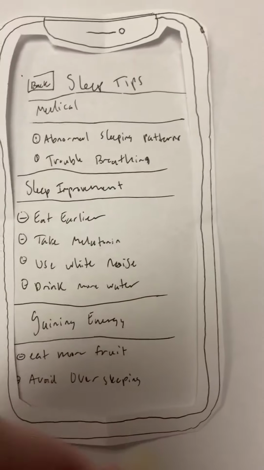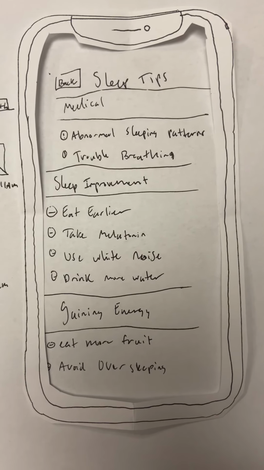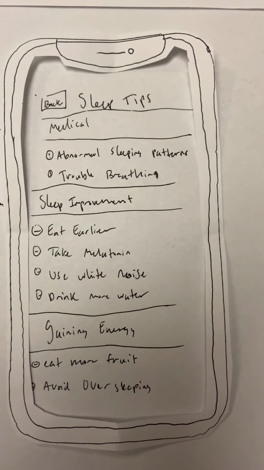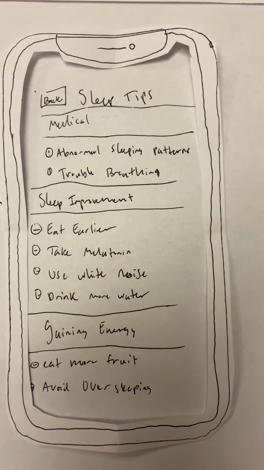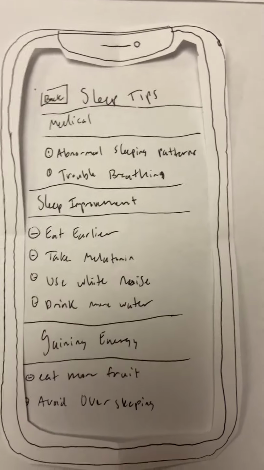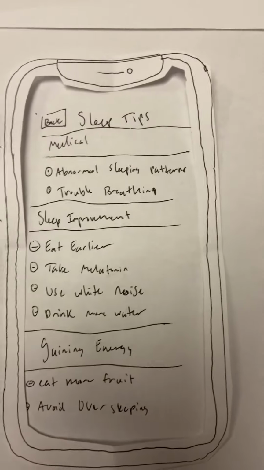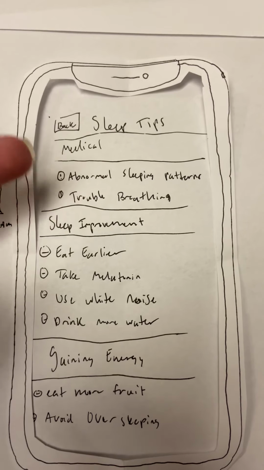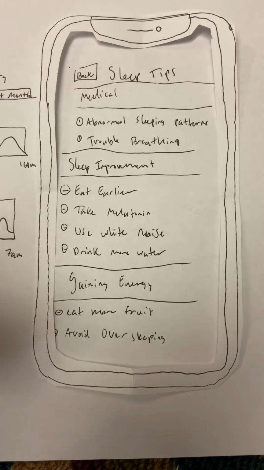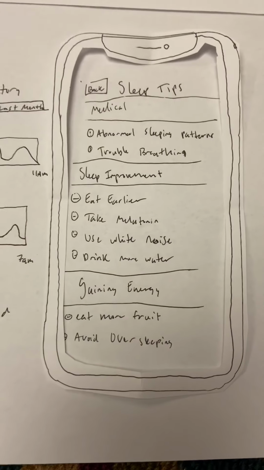So if you click any of these, it'll link you to outside sources for more information, or links to maybe, say, if you want to use a sleep aid and want to buy earplugs or something like that, it'll link you to Amazon or other outside sources. So we just have some examples of medical sleep tips, or information research, general sleep improvement tips, and general tips for gaining energy, for how to get the most restful sleep.